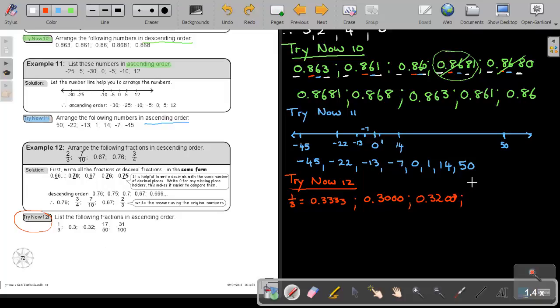And then we have to work out this one, 17 over 50. You can press it on the calculator, but you can also see, to make it 100, it's just times 2, and that will be equal to 0.34. And then the final one is 31 over 100. And that will be 0.31.